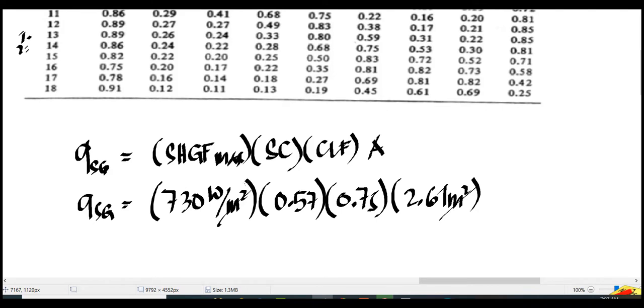Cancel out the units, and the solar load with glass is equal to 814.52 watts.